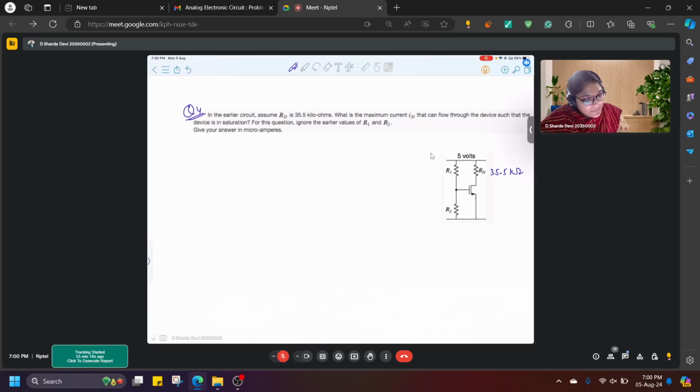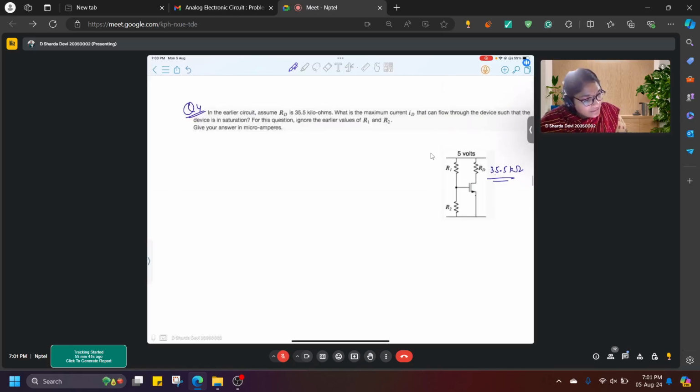What is the maximum ID that will flow through the device such that the device is in saturation? For this problem, ignore the earlier values of R1 and R2. Give your answer in microampere.